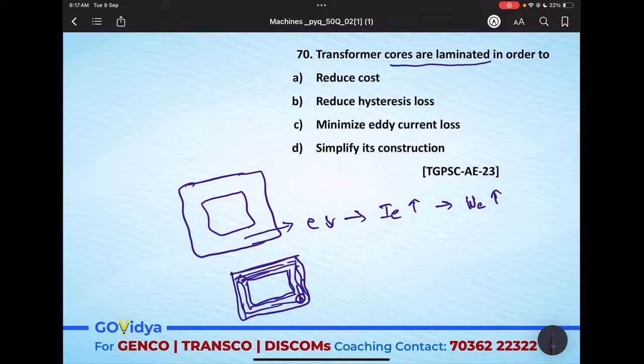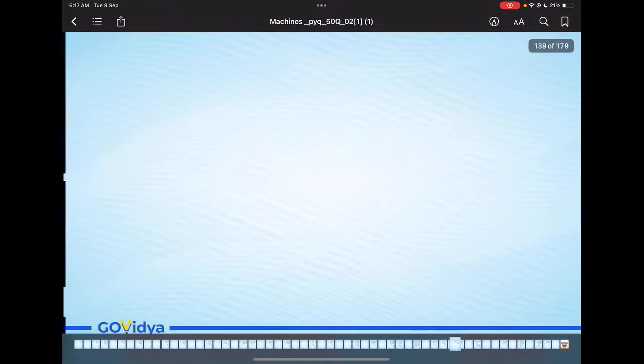What we get from this is that resistivity will be very, very high. This leads to eddy currents reducing, then eddy current losses will be less. So our option will be minimize the eddy current losses. Our option will be C. Let's move on to the next question.